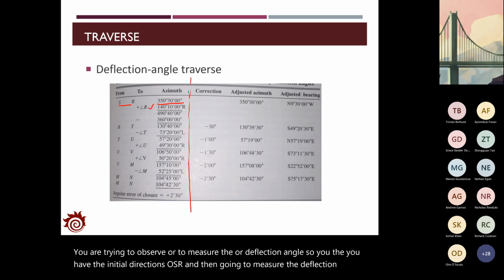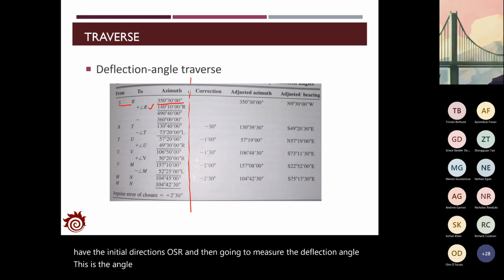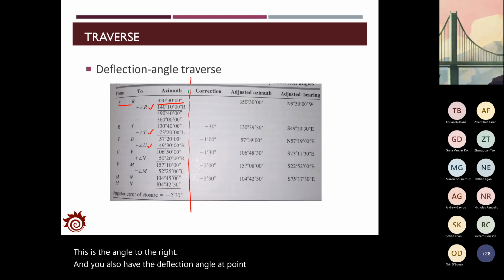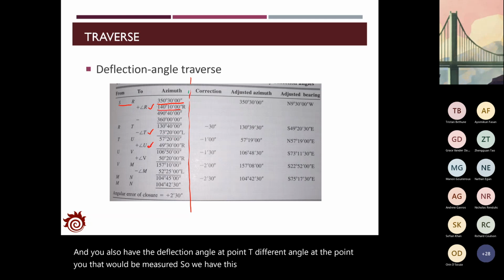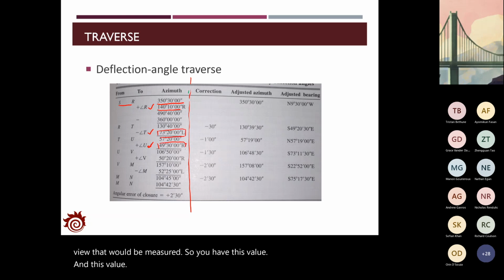This is the angle to the right, and you also have the deflection angle at the point T and the deflection angle at the point U that will be measured. So you have this value and this value. Those values are all observed from the experiment.